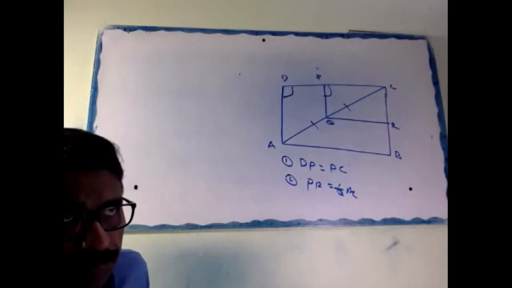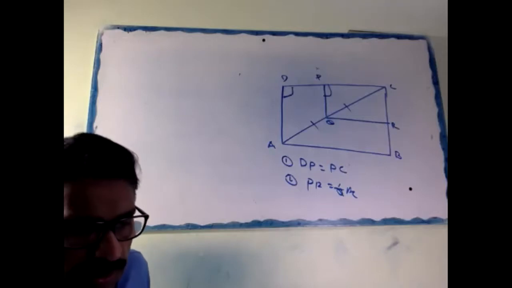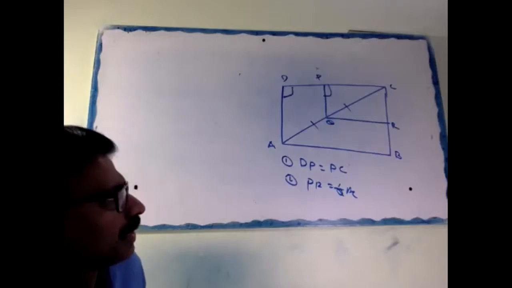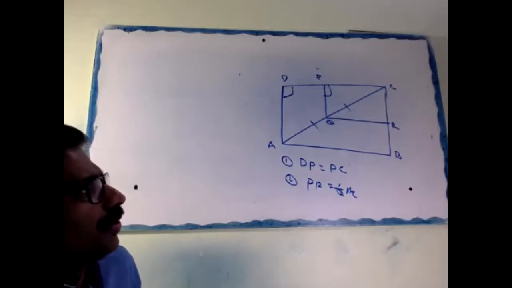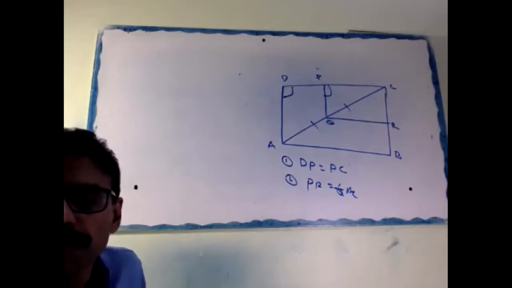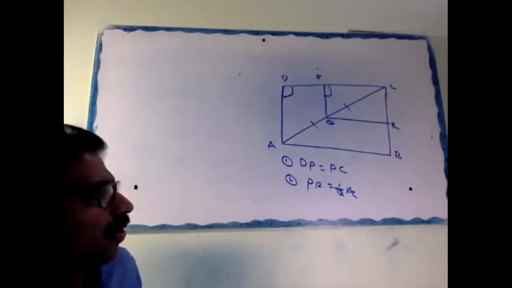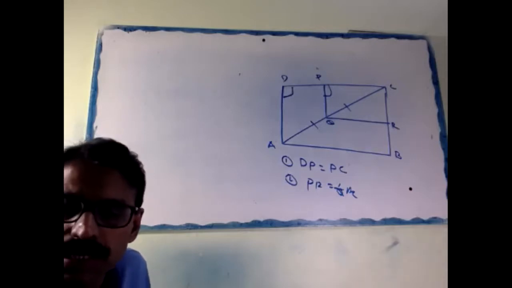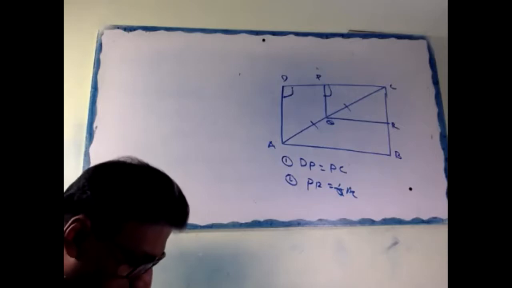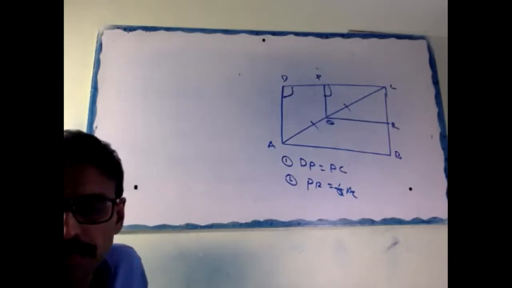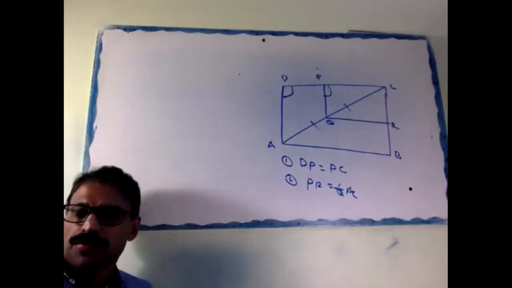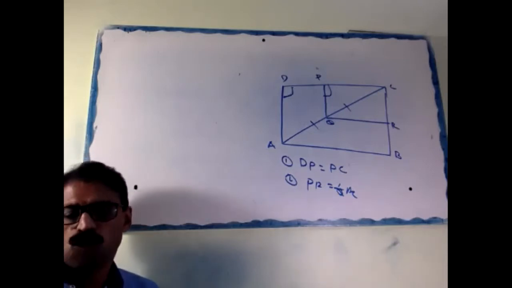Then by converse of midpoint theorem, P is the midpoint of DC. Therefore, DP is equal to PC. Is it okay now? Check all. Is it okay or not?